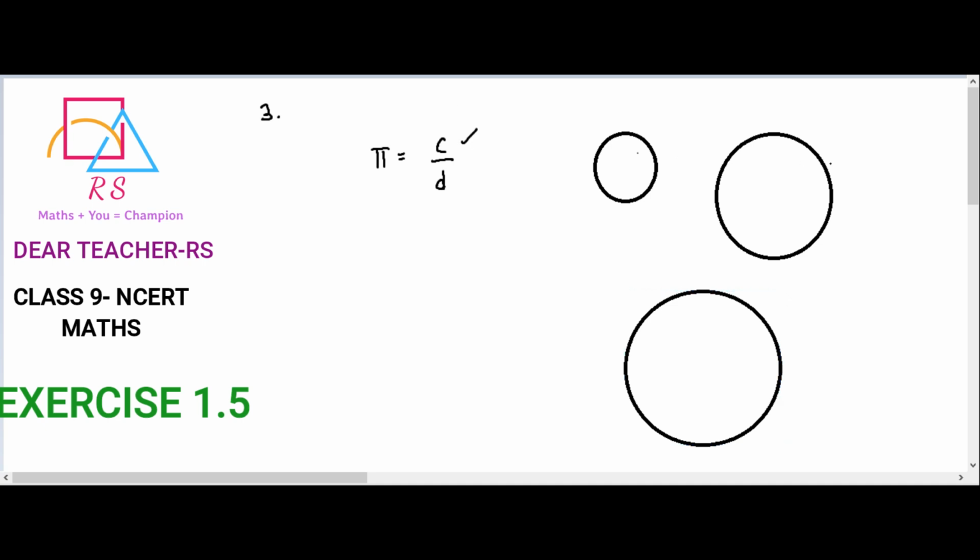Like that they have taken an infinite number of circles with different radii, and they measured the circumference, and divided it by the diameter, because the radius is also known. Then you get approximately the same number, and that number is labeled as pi. Because we are using thread, it is only an approximate value, about 90% approximate. It is not 100% approximate.